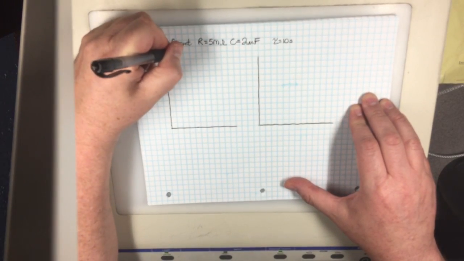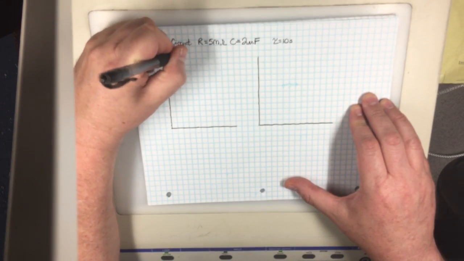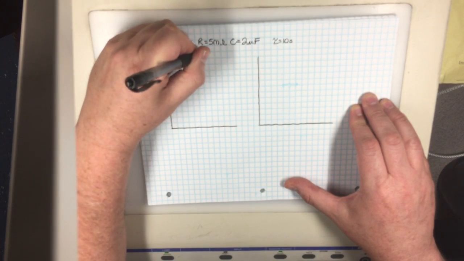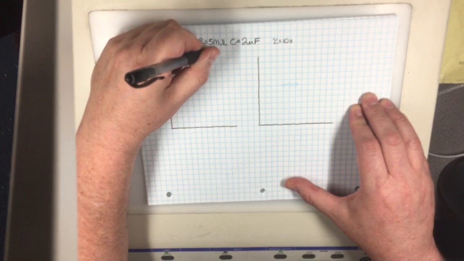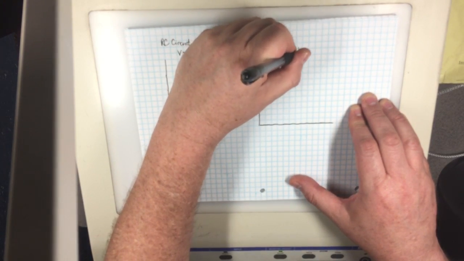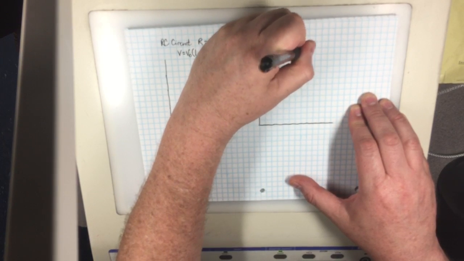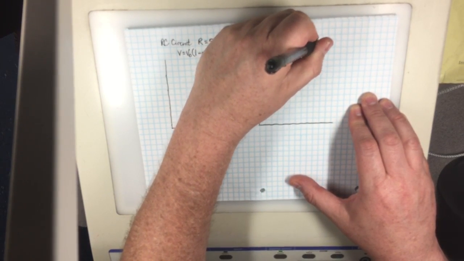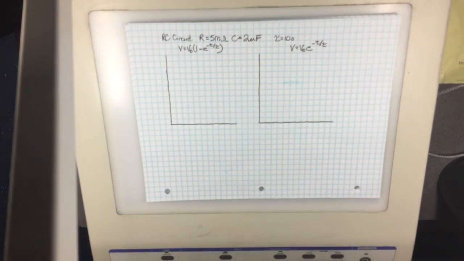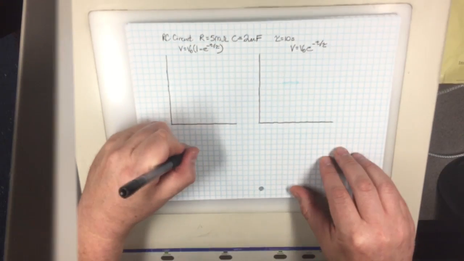The charging equation has V equals V naught times 1 minus e to the negative t over tau. The discharging is V equals V naught, or V max, times e to the negative t over tau. These things are all going to be hooked up to 100 volt batteries.